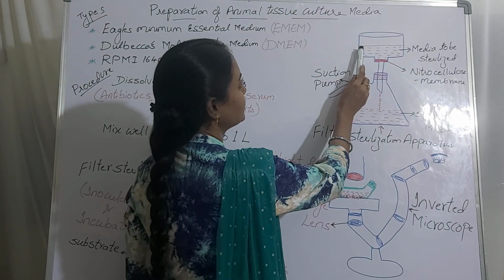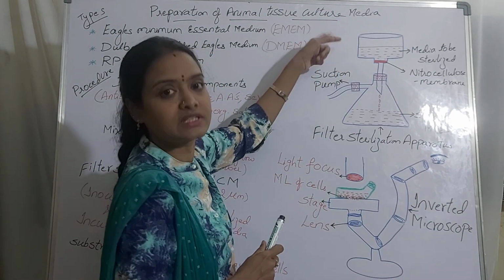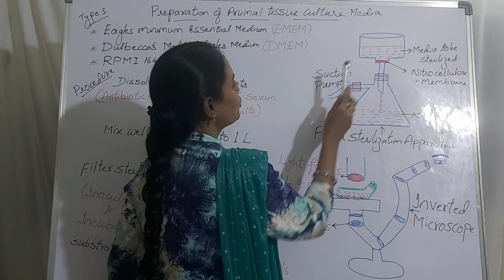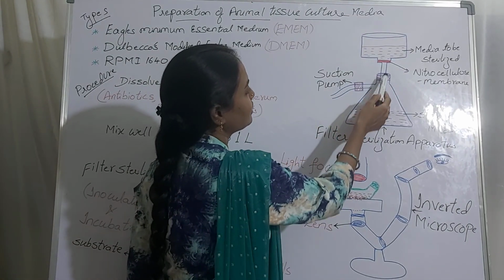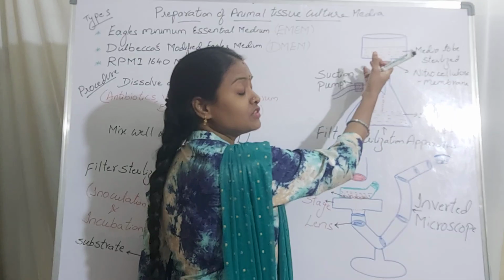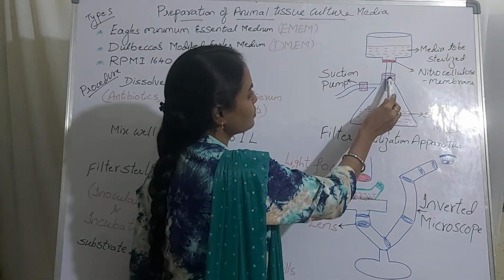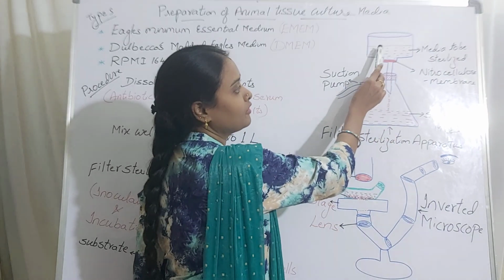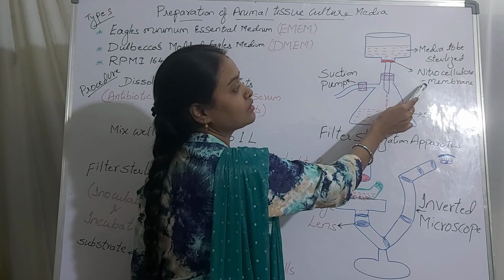In the funnel you pour the media which you need to sterilize. Then you switch on the suction pump. Due to this suction pressure, the media present in the upper funnel will be pulled down, and you can see drop by drop all the media getting sterilized through the nitrocellulose membrane.